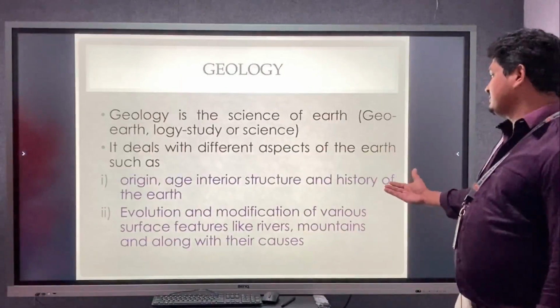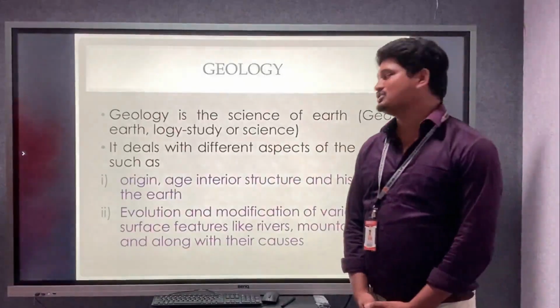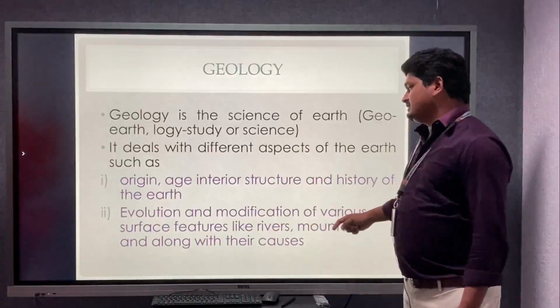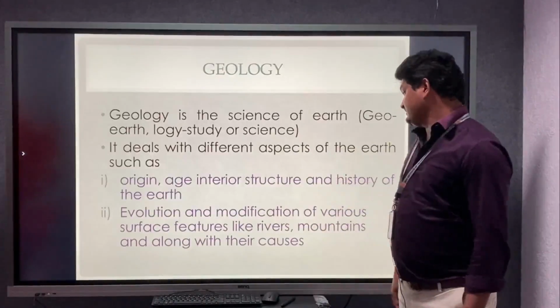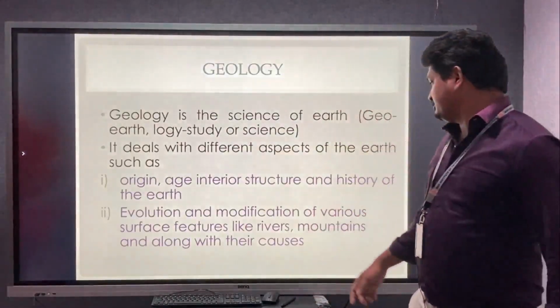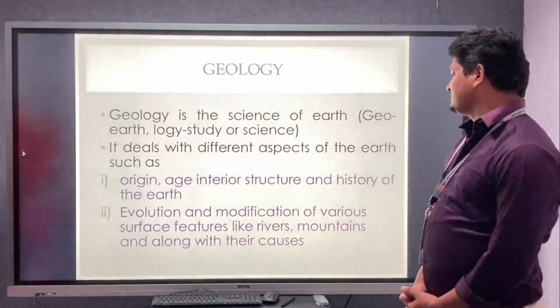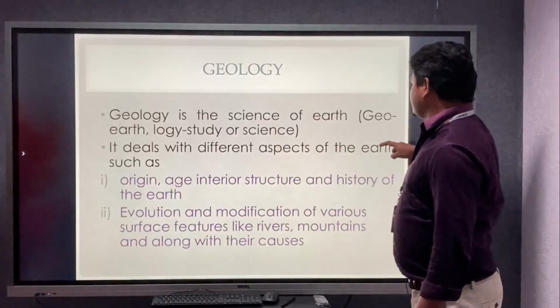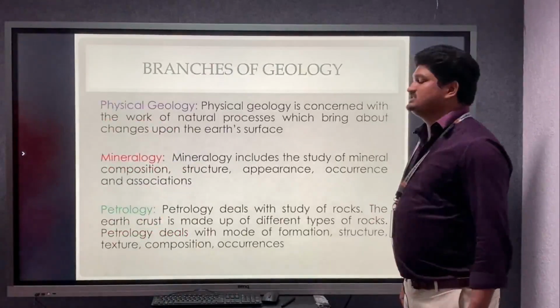The entire history is given through this. After the formation of the earth, there are surface features like rivers and mountains, along with their causes. These are the general definition of geology.